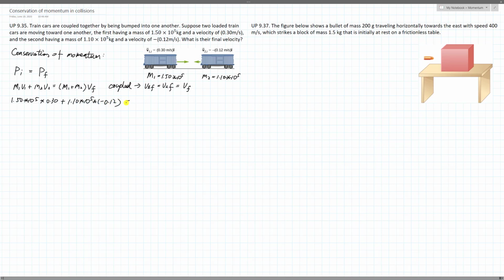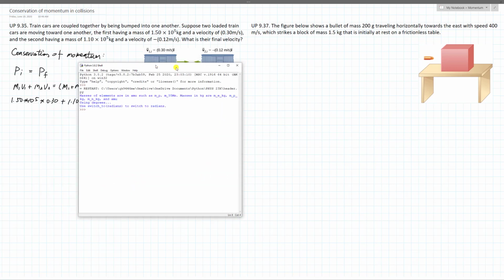That is equal to the sum, which is 1.50 plus 1.10. I'm adding these two together because they have the same order of power of 10 to the fifth. So that's our combined mass times final velocity. Let's use our calculator to do this part. Let's call up Python, move it to the side.